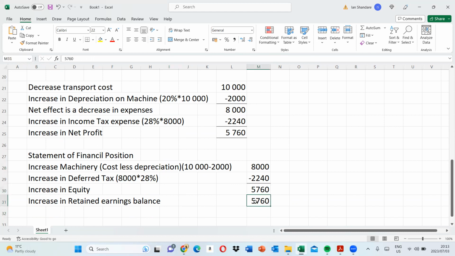This amount is going to affect your opening balance for retained earnings in the following year. So you adjust it like that. All right, so that is how we go about it with regards to prior period errors. I don't know if there are any questions before we look at an example.